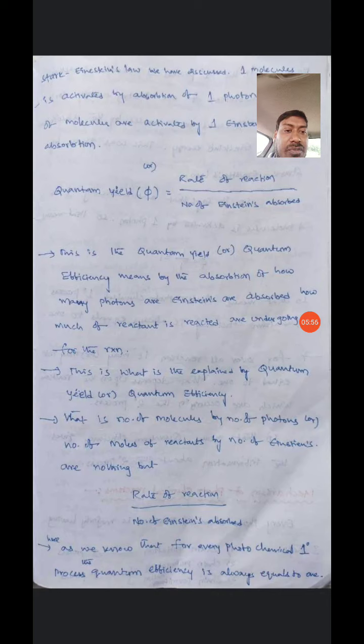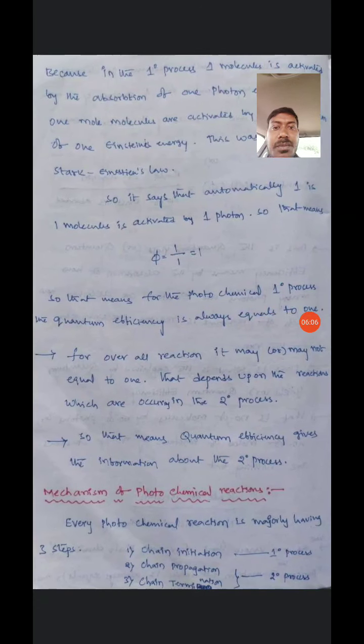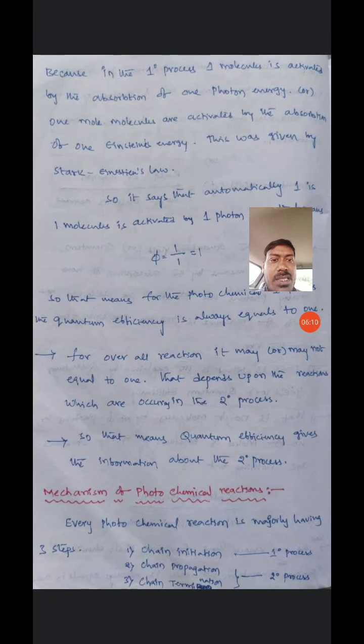Because in the primary process, one molecule is activated by the absorption of one photon of energy, or one mole of molecules is activated by the absorption of one Einstein of energy. This is given by Stark-Einstein's law.